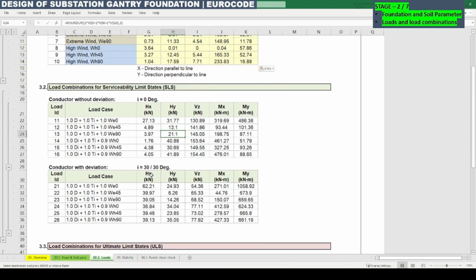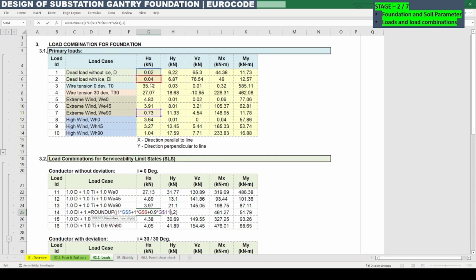So coming to the load combinations. These are the load combinations we considered as critical ones: high wind plus conductor tension and dead load with ice. These are the load cases we need to combine together.